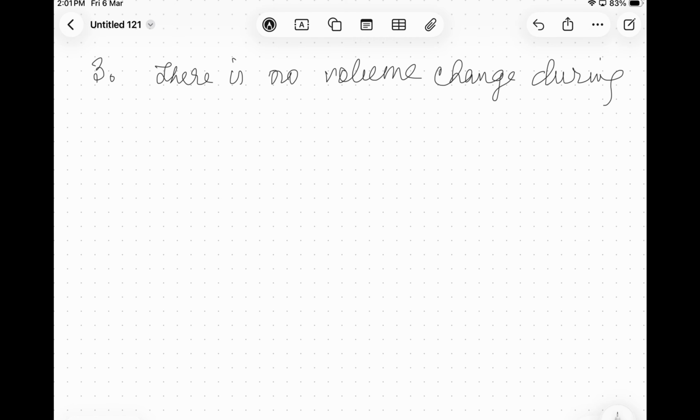And third condition is there is no volume change during mixing of two components. That means delta V mixing should also be 0.